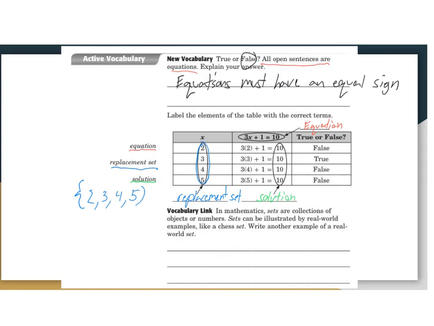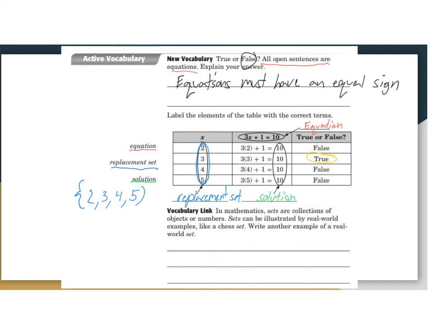You'll notice that there's only one solution for this equation, and that is where it's true. So we can solve this equation by plugging in values from our replacement set to find out which makes the equation true.